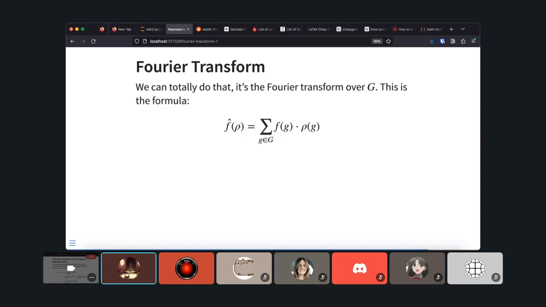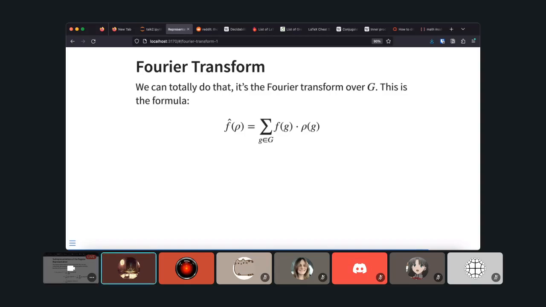You can compute this Fourier transform, and you get this function f hat, which takes in an irreducible representation.